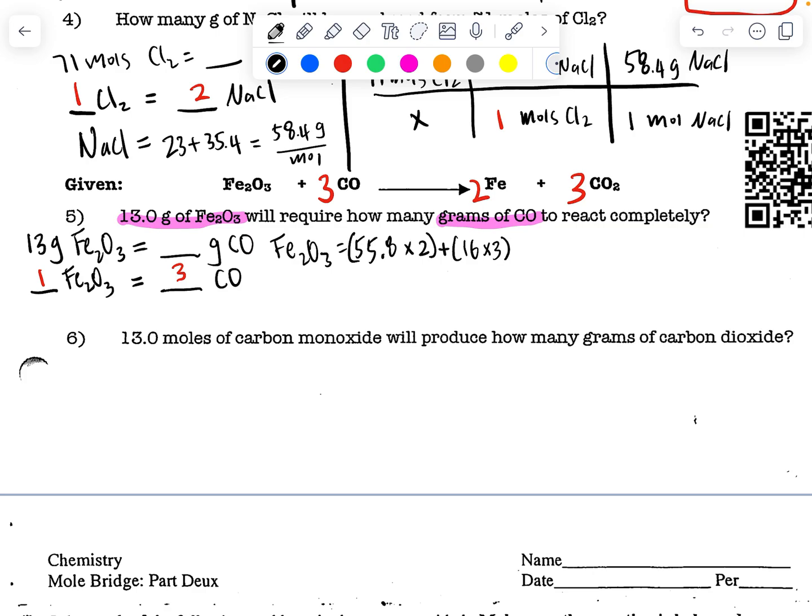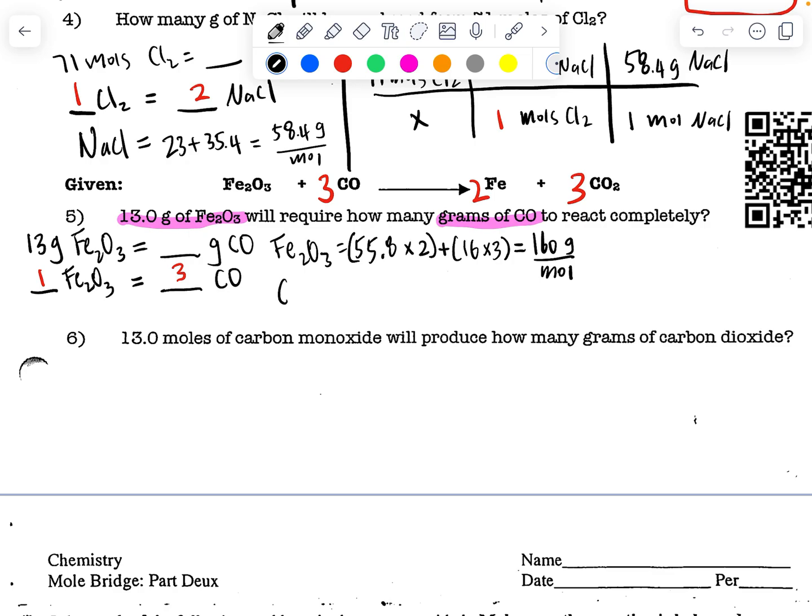So to my calculator, 55.8 times 2 plus 48. I got 159.6, but I'm just going to round it up a little bit to make things easier. 160 grams. I got 160 grams per mole. Now that is the molar mass of Fe2O3.